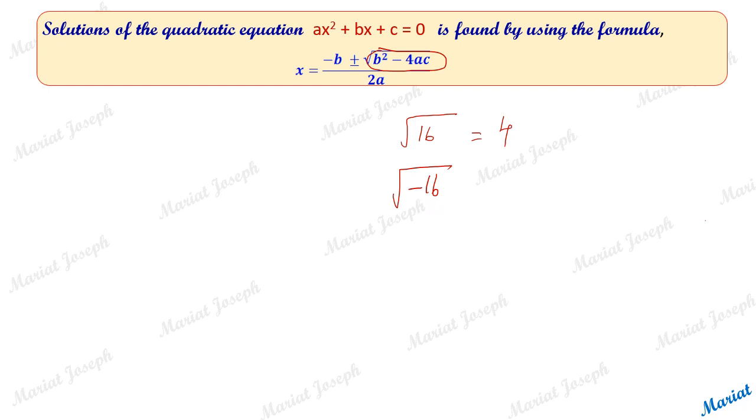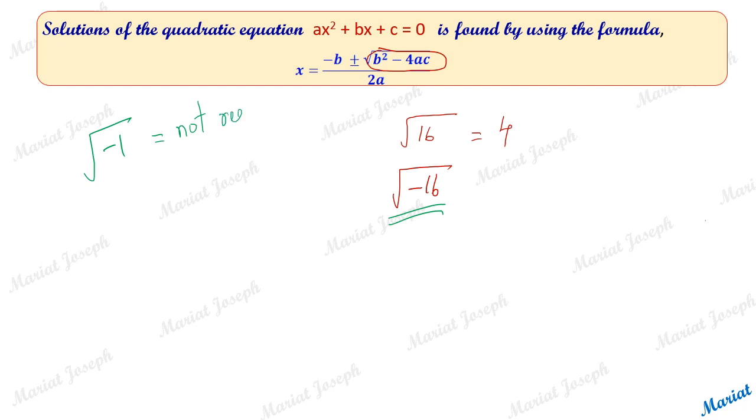So, for the square root of minus 16 to be possible, first of all, we need to get familiar with the square root of minus 1. Yes, a new definition we are going to see. The square root of minus 1 is not real. No real number can be squared and give minus 1.